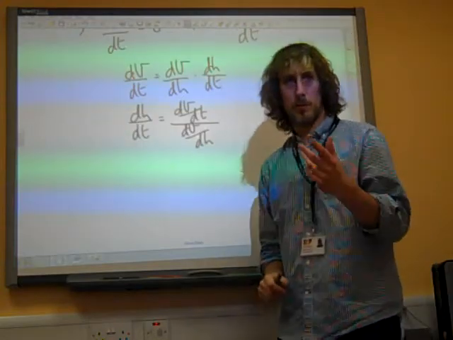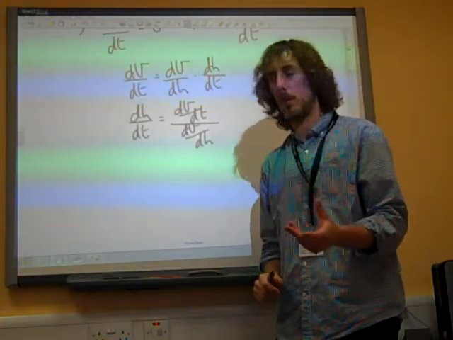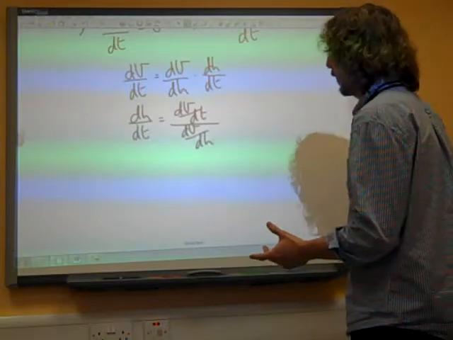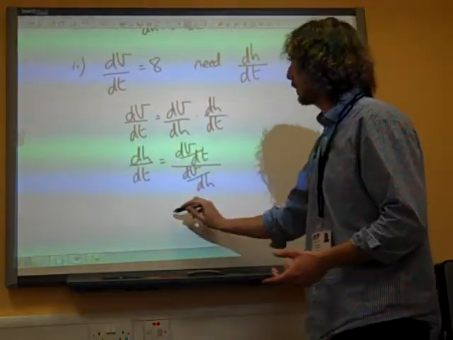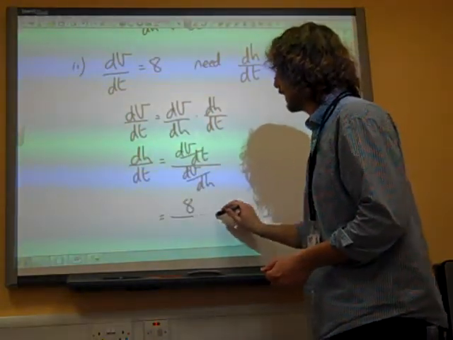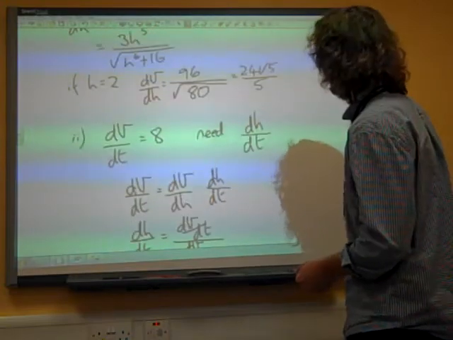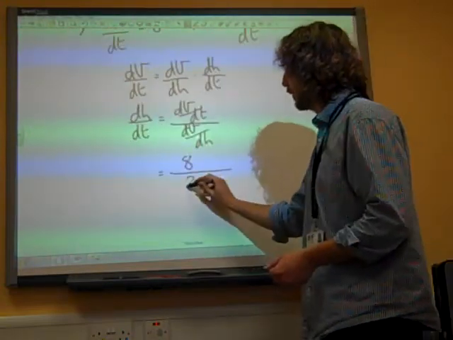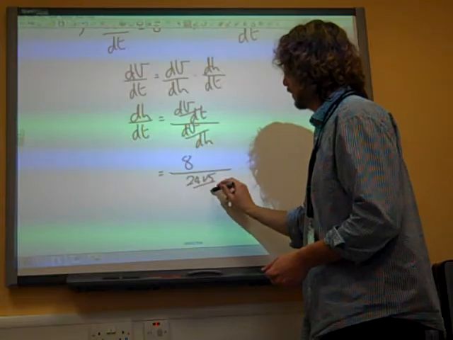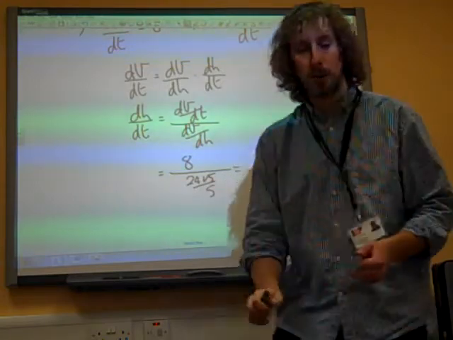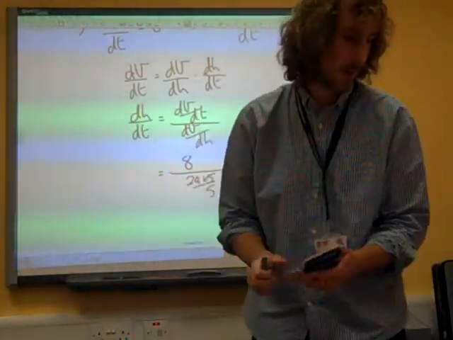This question was just asking us for a numerical value when h is equal to 2. So we have already that the top one is 8, and the bottom one is 24 root 5 over 5, and the question wanted it to 2 significant figures, I believe.